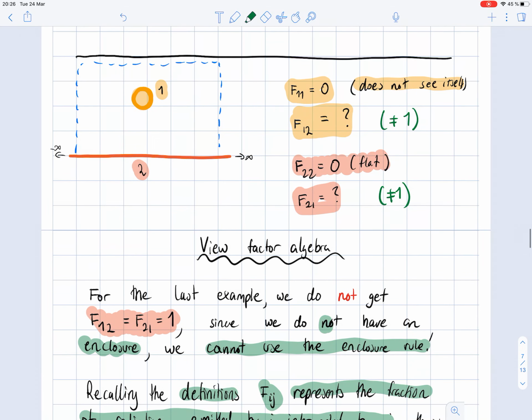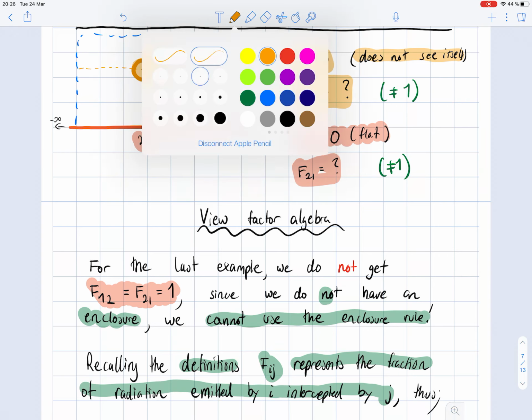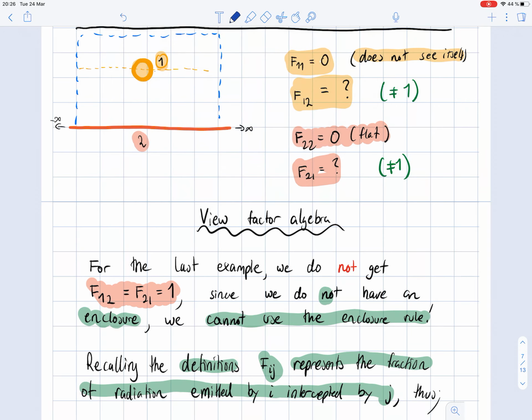So if we look at surface number 1 again, and we draw a line through its center, we see that the rays that are leaving below the center line will in principle hit surface number 2 at some point.